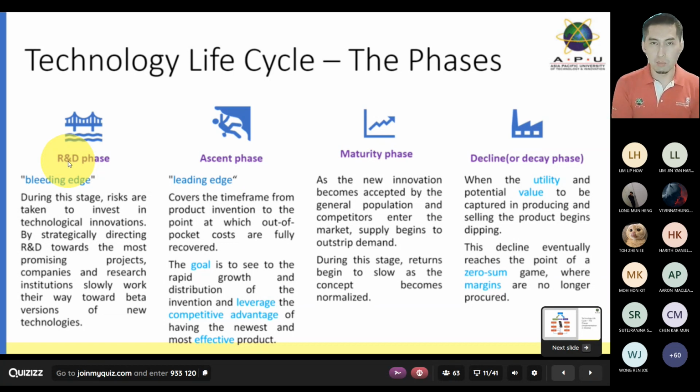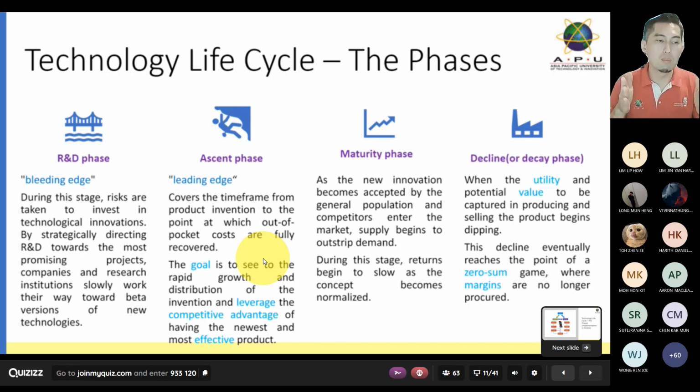Reflect on the chapters we have covered before. When you look at biotech, certain areas are still very early in their R&D phase. Some areas of biotech, of course, have gone past it and into other life cycle stages as well. The ascent phase, right? This is where you see growth. This is where you see the technology is growing.